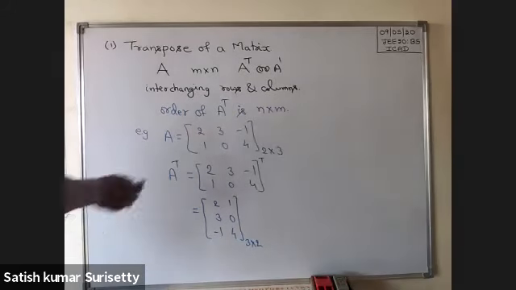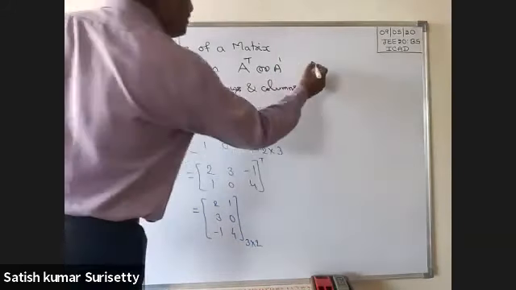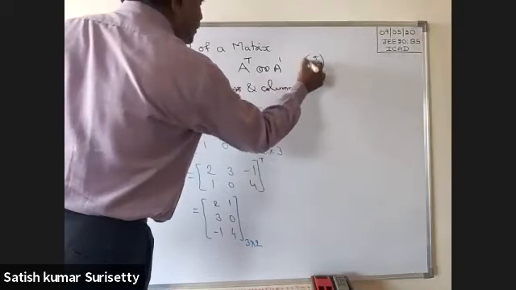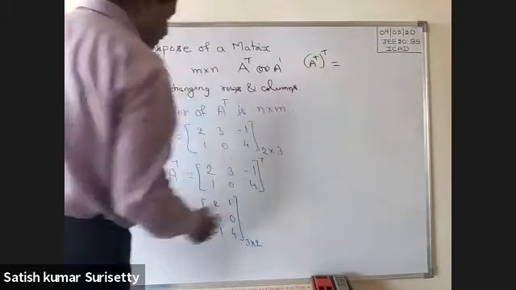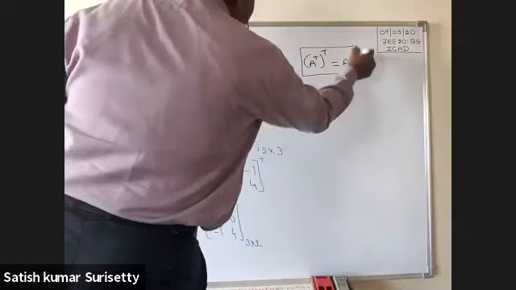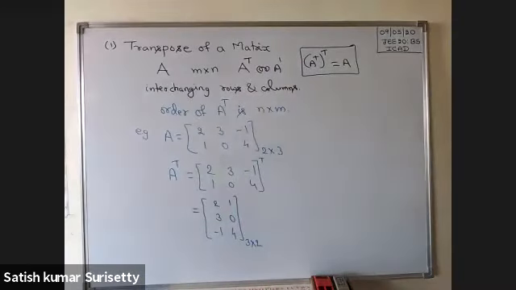Now, if I take the transpose again for A transpose, what will I get? A. That is, A transpose whole transpose equal to A.